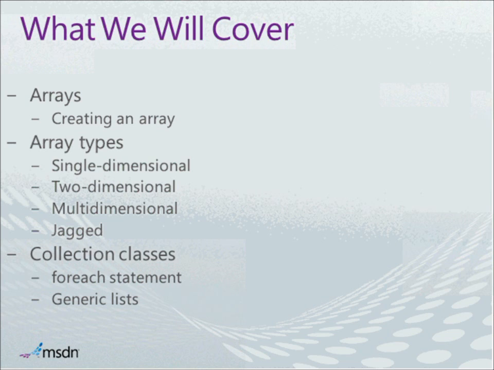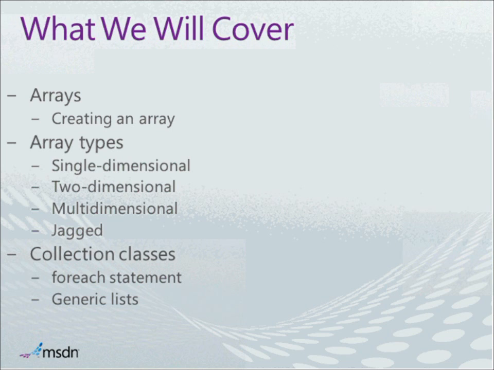For example, a spreadsheet in Excel has two dimensions, rows and columns, and we can store and arrange data in multidimensional arrays within C# using some of those aspects. We're also going to talk about multidimensional and jagged arrays, which are derivatives of the two-dimensional and single-dimensional array, a little more complex.